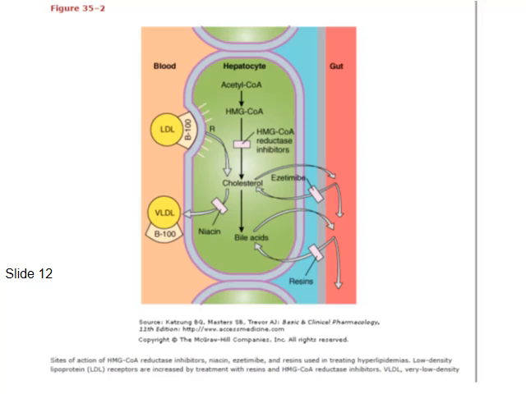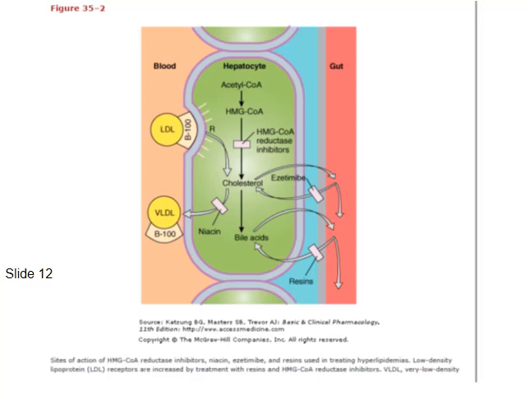This diagram from our textbook shows us some of the important sites of drug action that we'll be discussing today. The particular targets of interest are those indicated in this picture as white rectangles. The first of which you can see right in the middle of the hepatocyte, the HMG-CoA reductase enzyme as a target for inhibition, which therein reduces cholesterol synthesis by the hepatocyte.